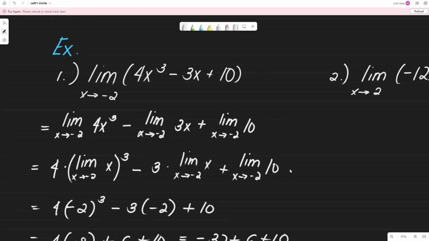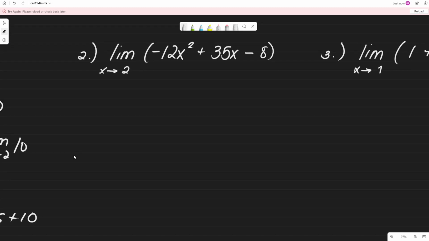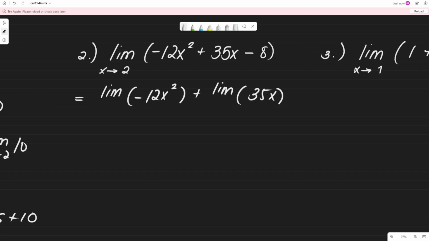Okay? Next. We have here the limit of negative 12x squared plus 35x minus 8. So, same thing, let's distribute. We have the limit of negative 12x squared plus the limit of 35x minus the limit of 8, as x approaches 2.